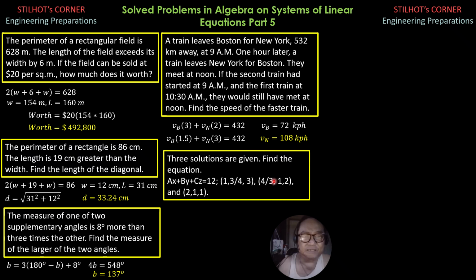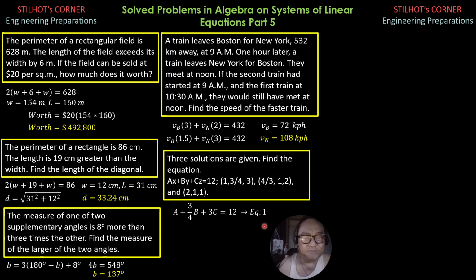Three solutions are given. Find the equation. So find this equation. This is the equation, and these are the solutions. So for the first solution, x is 1, y is 3/4, z is 3. Substitute here. So that would be a times 1, or a, plus 3/4 b plus 3c equals 12.